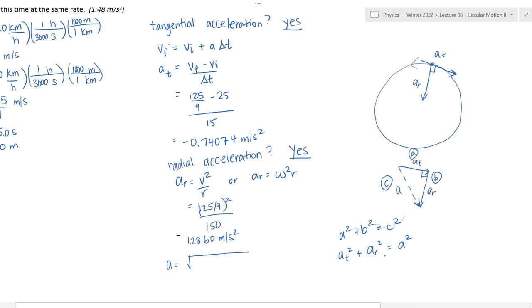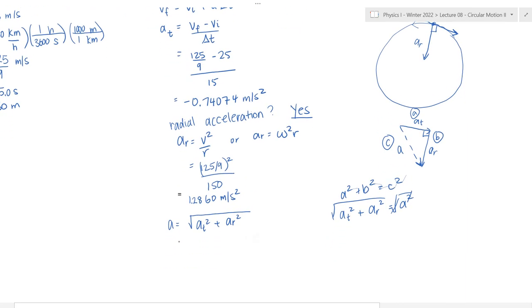So when I'm solving for A, I get A is equal to the square root of AT squared plus AR squared, because I have to square root both sides to get rid of the squared. So the total acceleration, which is just A, is the square root of AT squared plus AR squared.